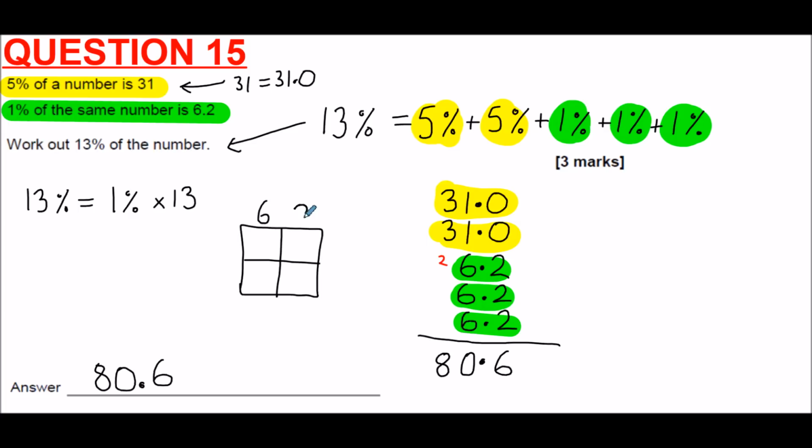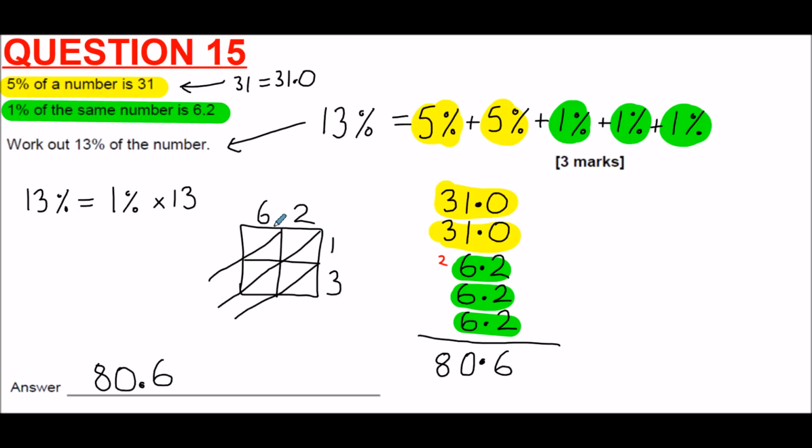So if we treat 6.2 as 62 for now, multiply it by 13, this is just an alternative method. You don't need to do both, you don't even need to understand both, but you do need to understand one way at least.